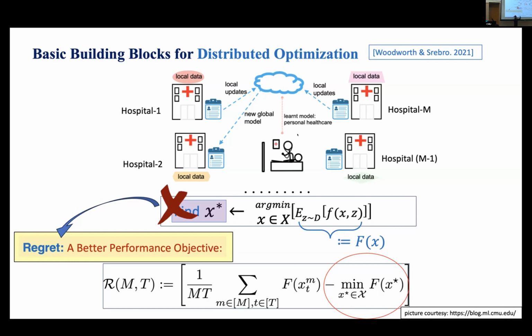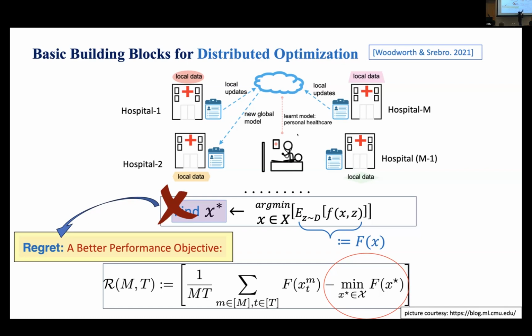So X_t^m is my prediction at time t, or for the user t at hospital m. That's my loss function, and because I'm picking my patients stochastically, this is a stochastic loss function.